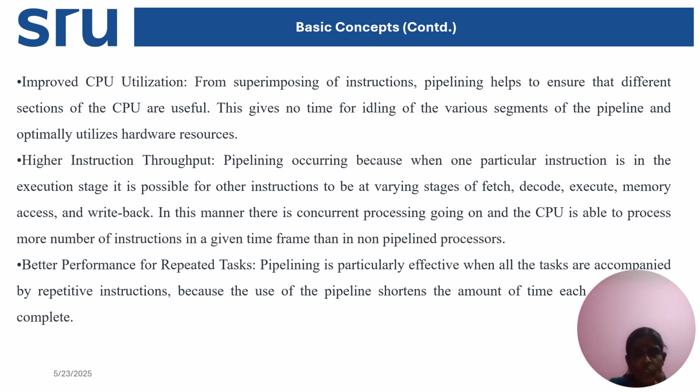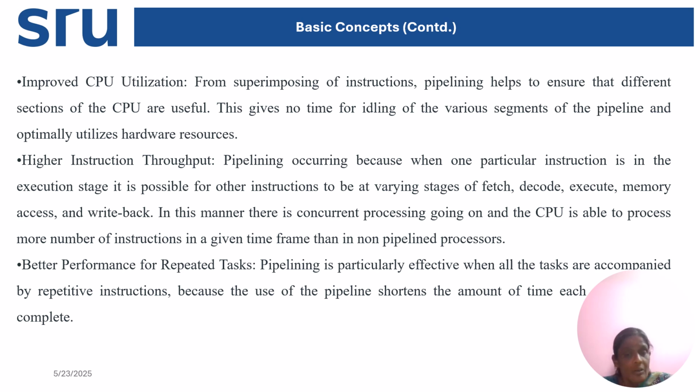Then higher instruction throughput. Pipelining occurs because when one particular instruction is in the execution stage, it is possible for other instructions to be at varying stages, as we have already seen in the diagram.